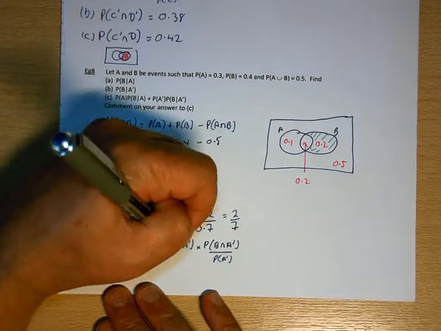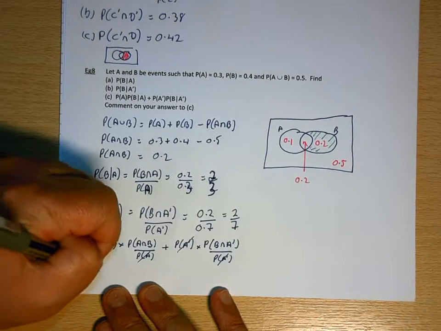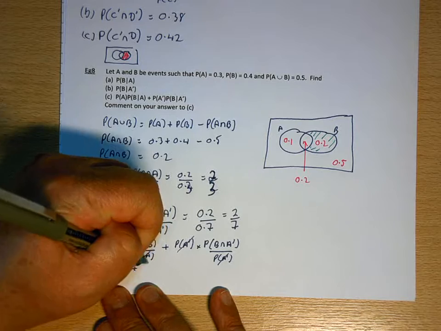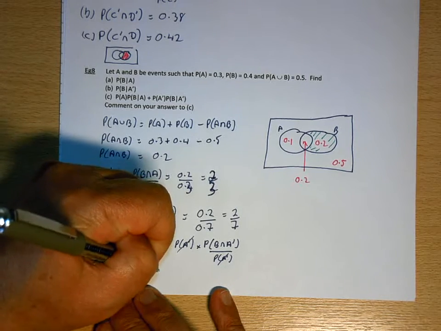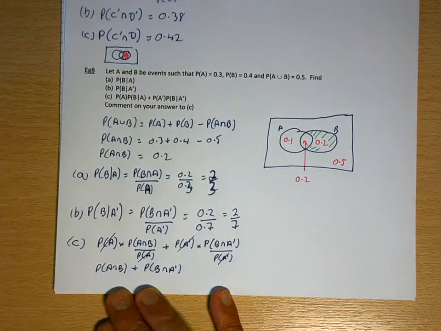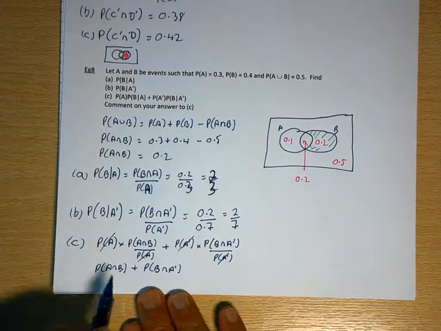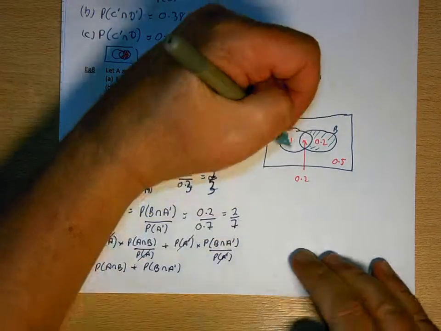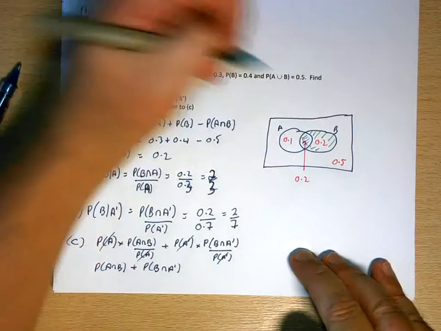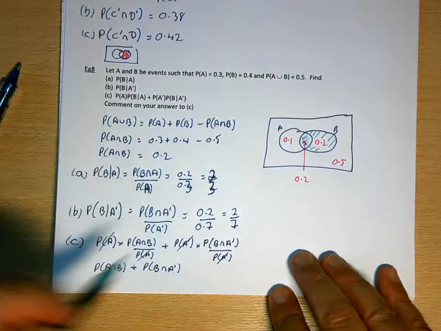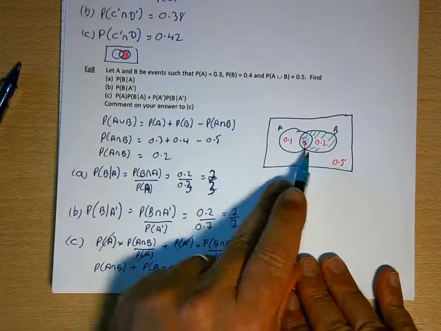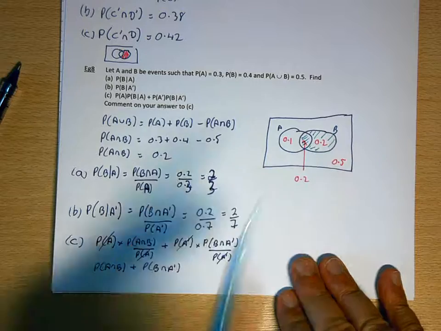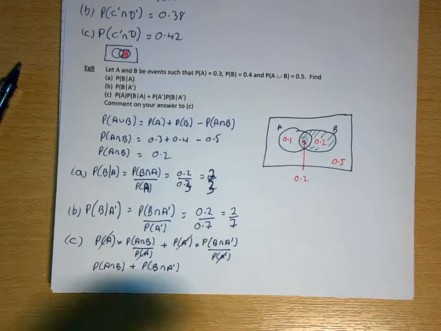The A's cancel, and you're left with A and B added with probability B and not A. Well, the probability of A and B, if we look back at the Venn diagram, is this part of it, which I've just highlighted in blue. So I'm adding the blue part and the green part together, which gives me the probability of B.